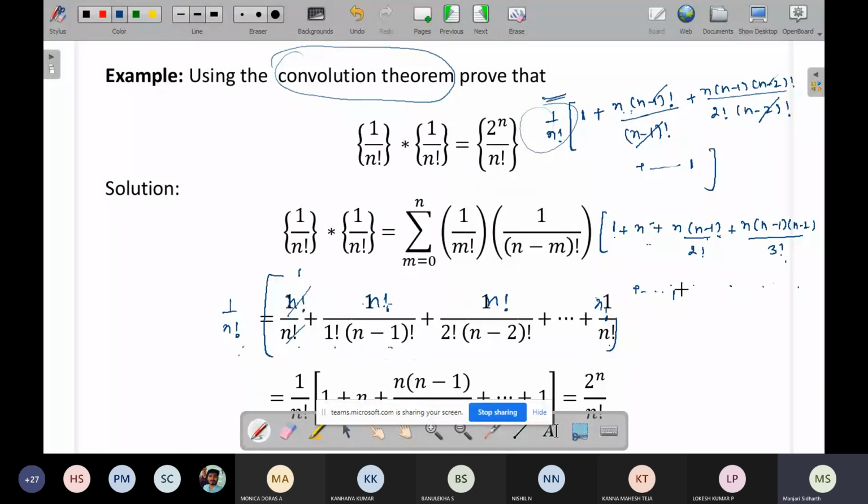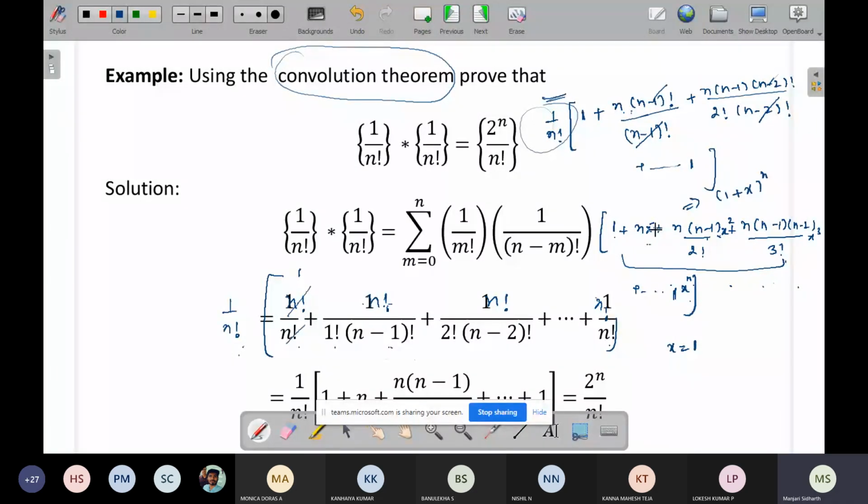Now if you see, this is nothing but the binomial expansion, with x, x square, x cube, and so on up to x power n. But in place of x, if I take x equal to 1, you will get this. This is the binomial expansion of 1 plus x power n.